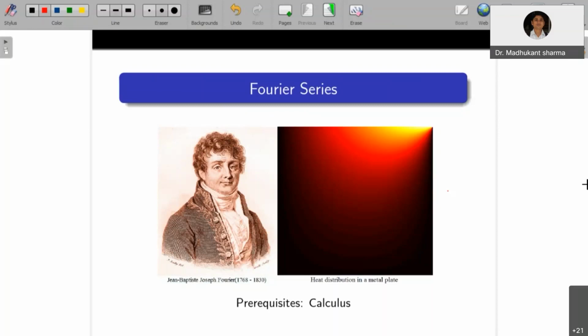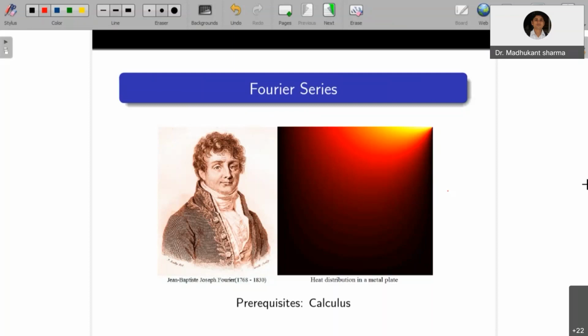That could also be a possible period. Again, 0 to 6 pi, 6 pi to 12 pi, and so on. They can also be treated as a period, but the definition says that it is the smallest length. So the smallest length is 0 to 2 pi.